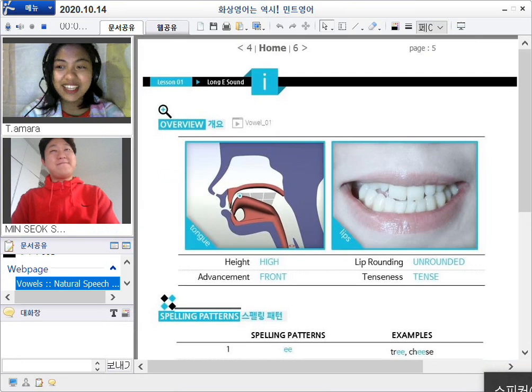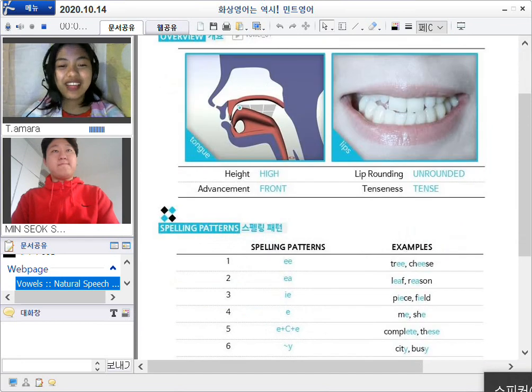I hope that you find time to record those sentences so that you can check them after we finish studying this book to see if there are any improvements. You can do it one by one, or let's say two sentences per day if you want to.